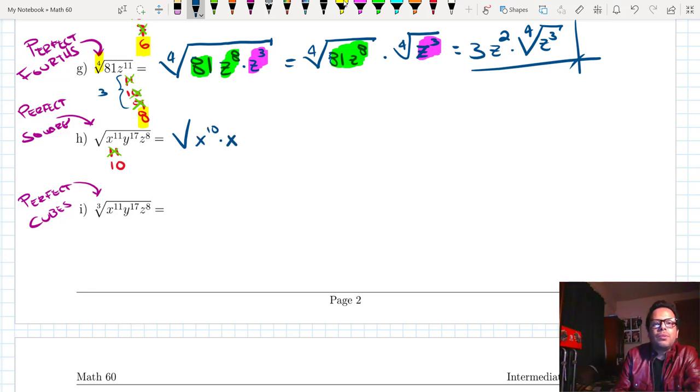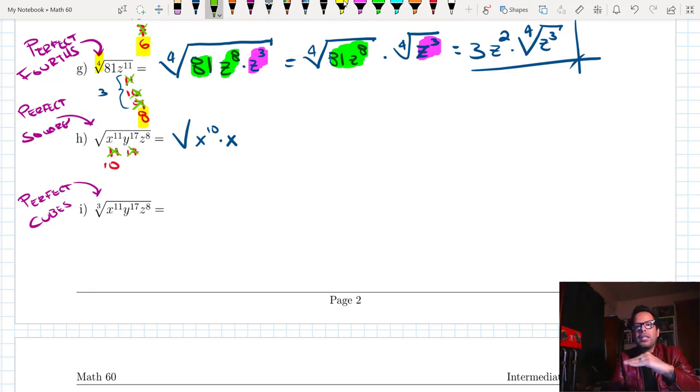Okay, let's go with the y's. Let me make this a little bit smaller. Is 17 divisible by 2? In this case, it's not going to be divisible by 2, so let's cross out the 17.